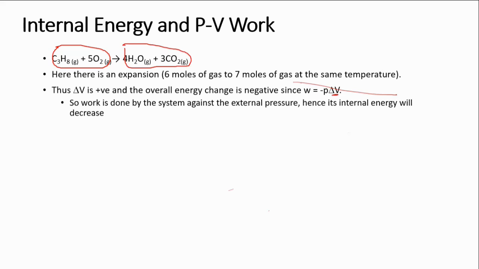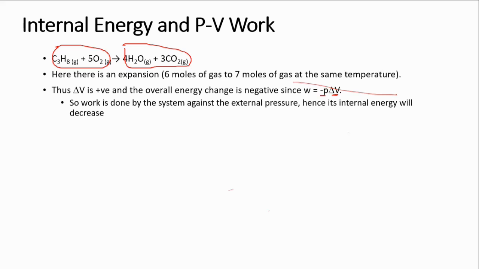Okay? The formula has a negative sign on it. Naturally, that is the given. And so the work would be negative. So whenever the system does work, then the work is negative. That is, the volume change is positive. So whenever there's an expansion, that means that the system does work. Now you'll probably be wondering, how is it that the system did work?